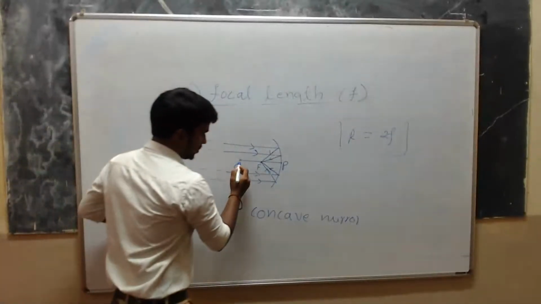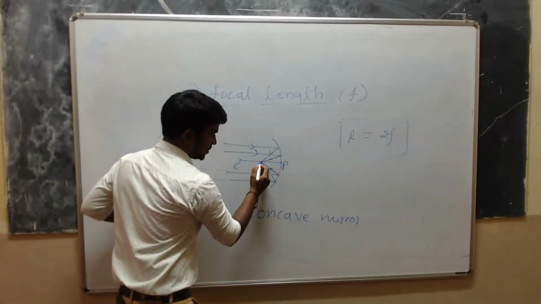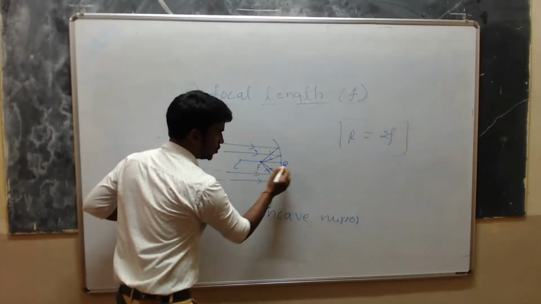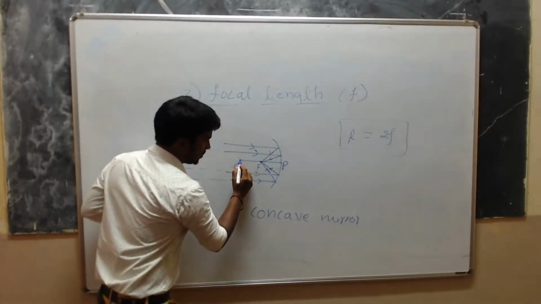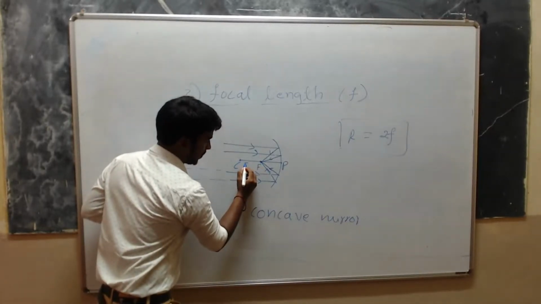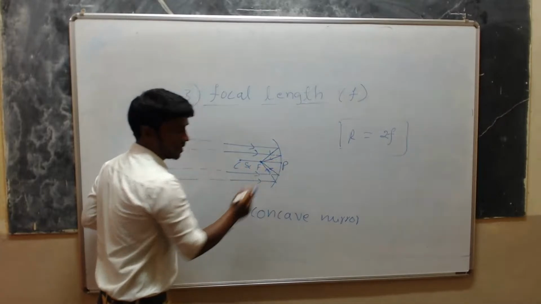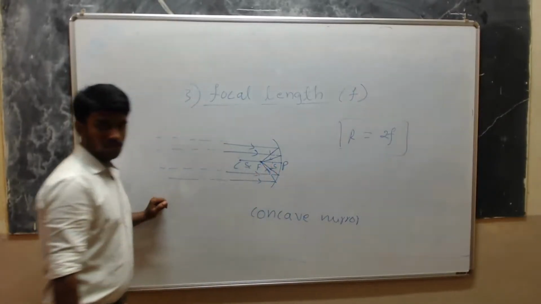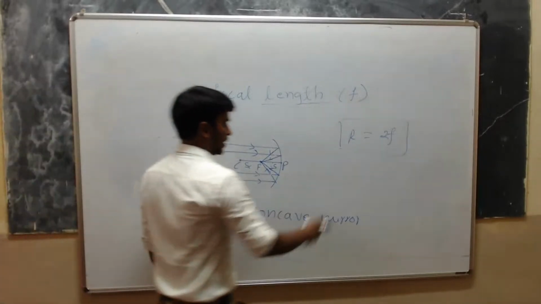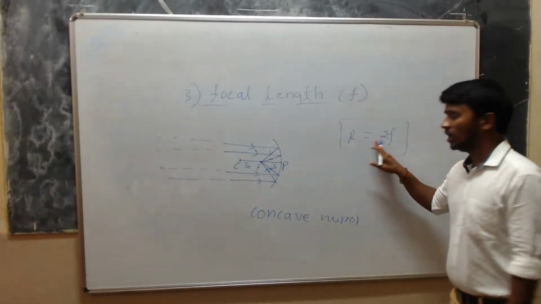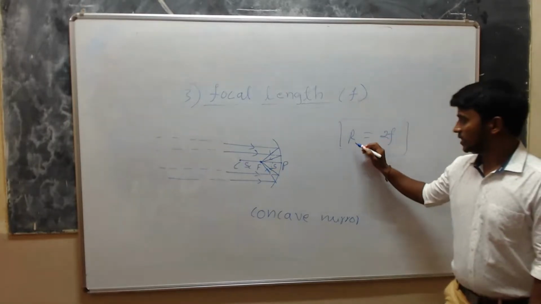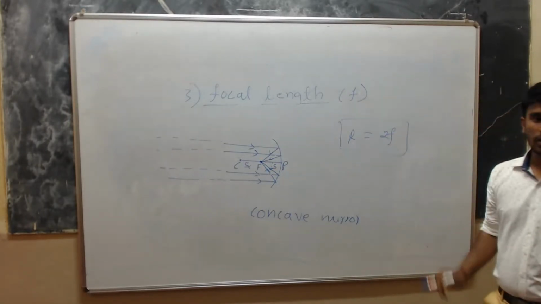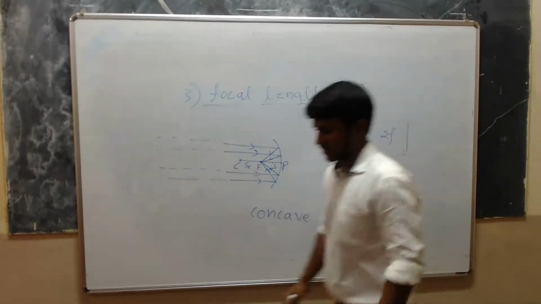Because F is the exact midpoint between C and P. Suppose C to F is 5 centimeter, then F to P is also 5 centimeter. So that's why the radius of curvature is twice the focal length, and we can write R = 2F.